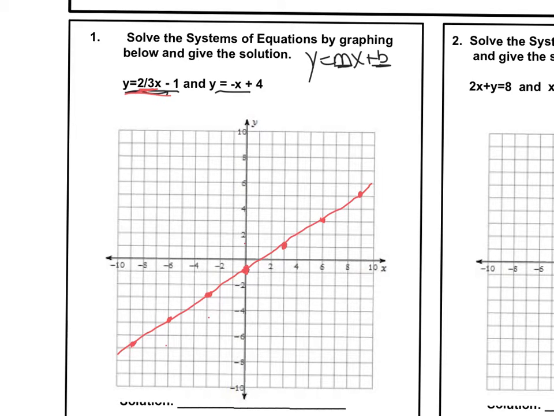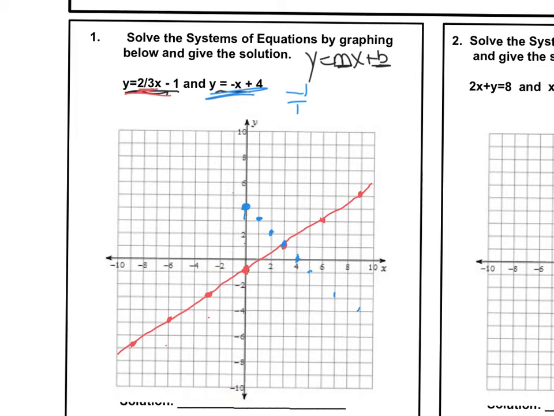For my second equation, my y-intercept is +4, and my slope is -1. So you're going to go down 1 and to the right 1, down 1 to the right 1, and you can just keep going.